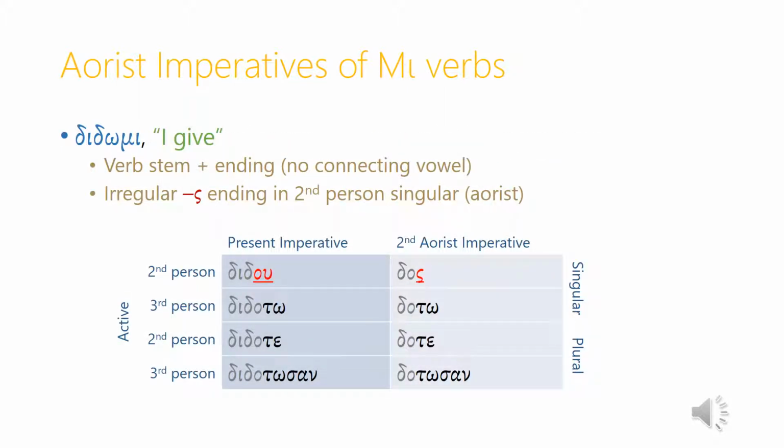This is the deik stem plus the sigma tense marker plus the regular on ending for the second person singular. But some aorist imperatives for mi verbs are irregular, and fortunately they tend to be irregular in the same ways. Take, for example, didomi, I give.